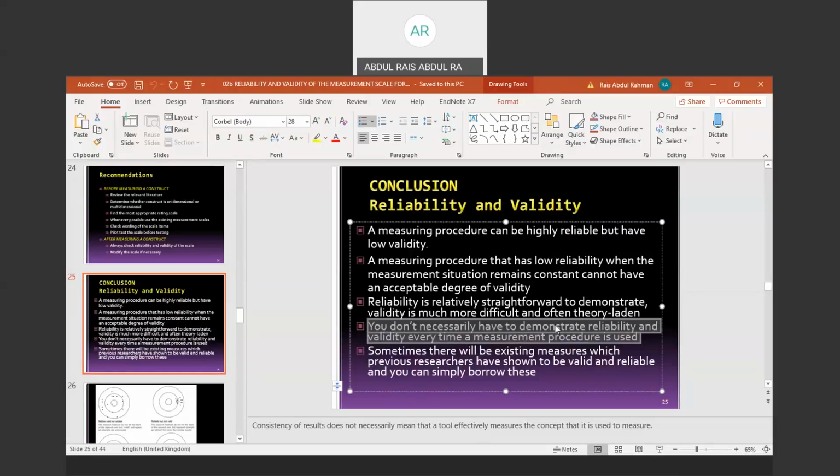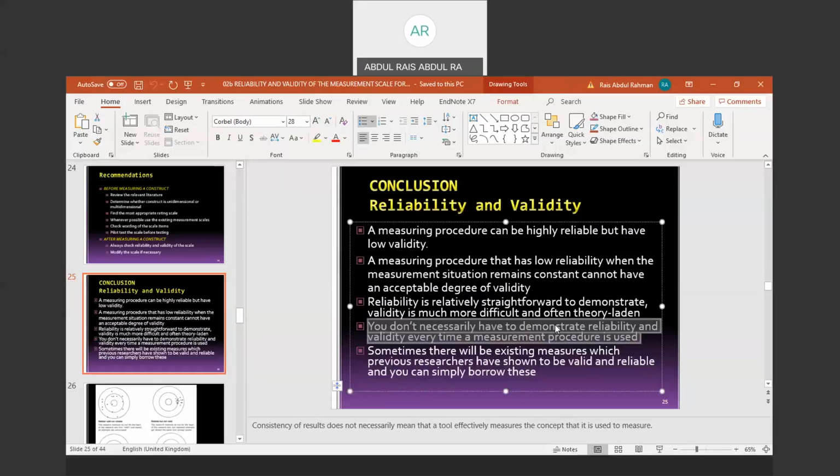Just say dalam write-up thesis ataupun research you, I am using FFQ or the Three-Factor Eating Questionnaire, and this tool has been widely used and has been validated by past researchers. That's it.